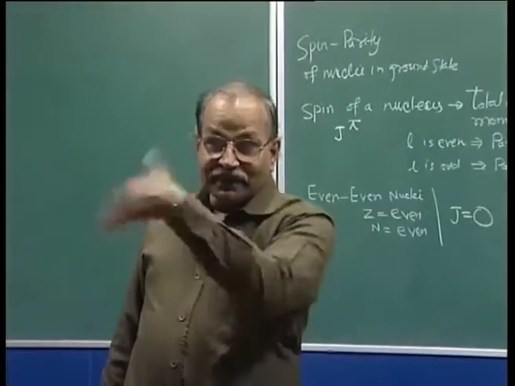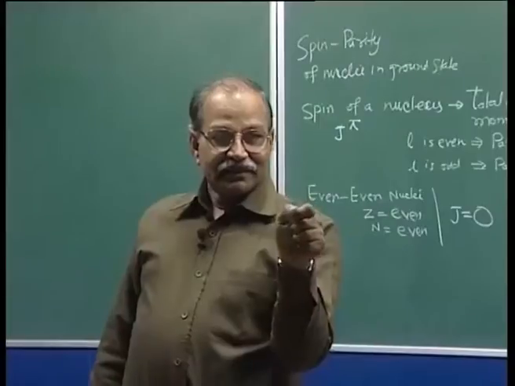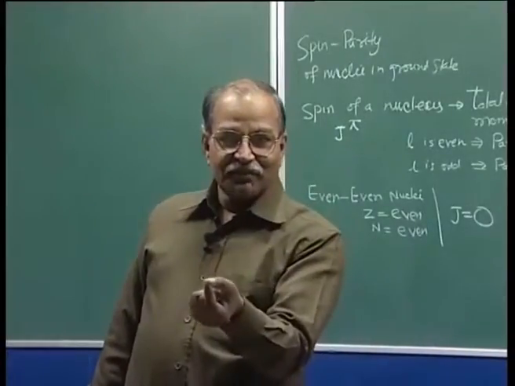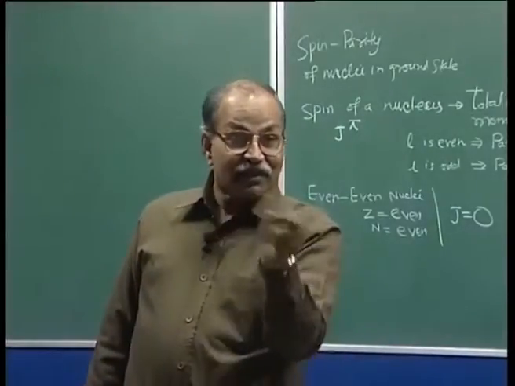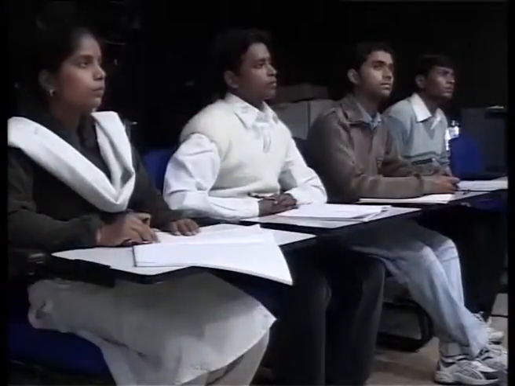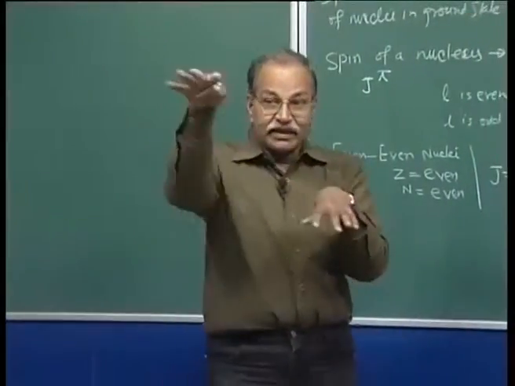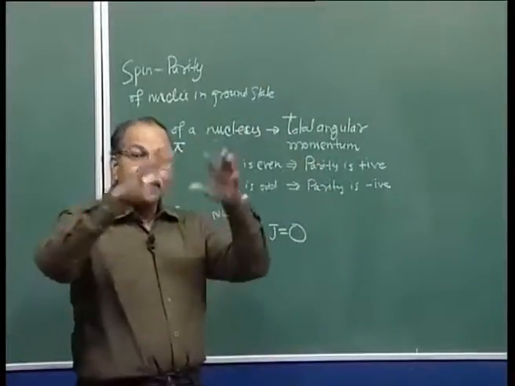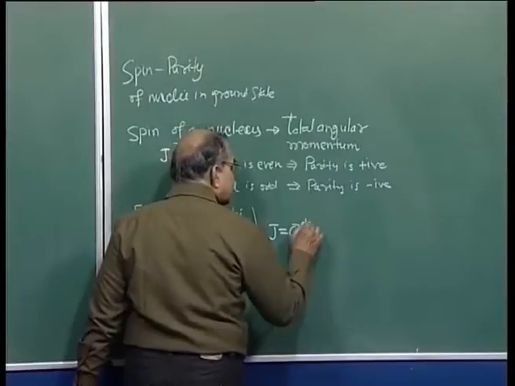If they are in p 3 by 2, L is equal to 1, so negative parity of the first particle, negative parity of the second particle, antisymmetric multiplied by antisymmetric becomes symmetric. So, parity is positive. So, independent of what levels these pairs are occupying, pairwise the parity is positive. So, the entire nucleus will also have positive parity, 0 plus.